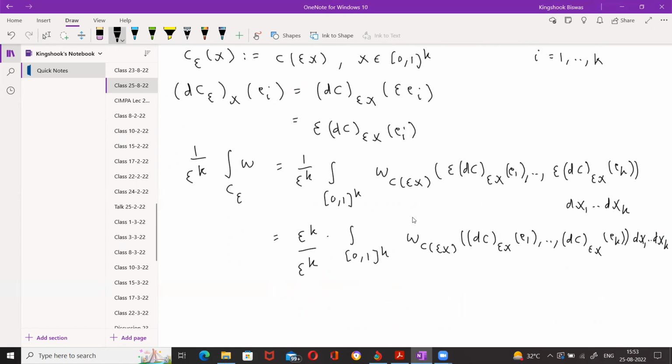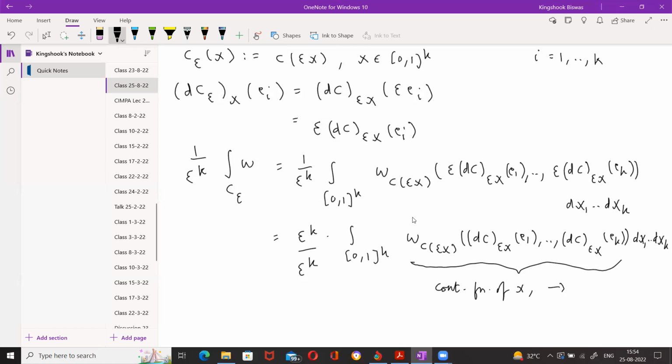And then inside, what do I have here? This is a continuous function of x. What does this converge to as epsilon goes to 0?